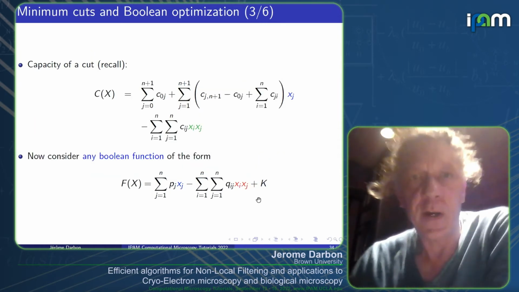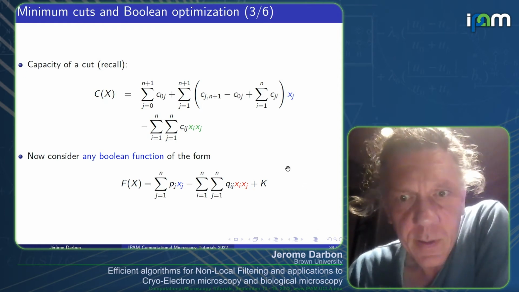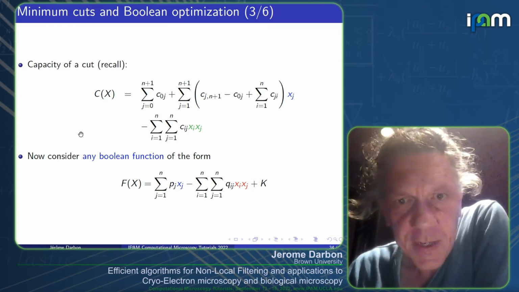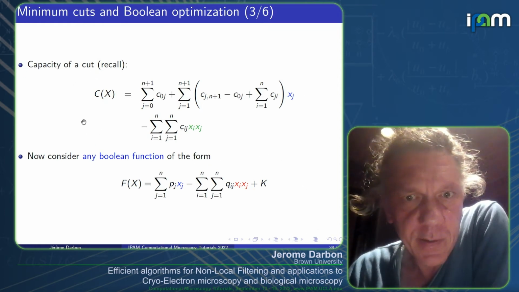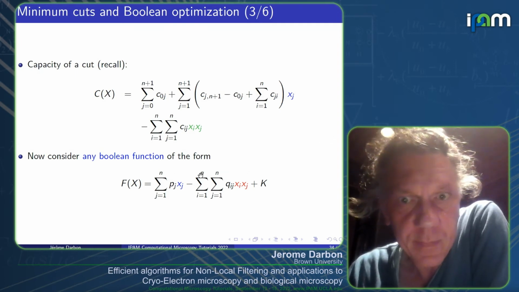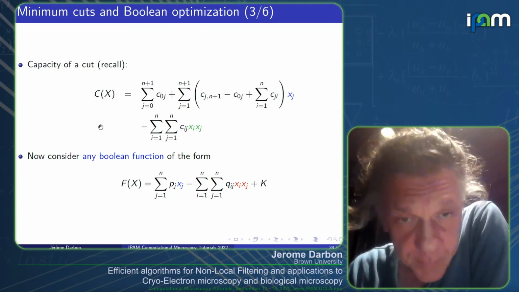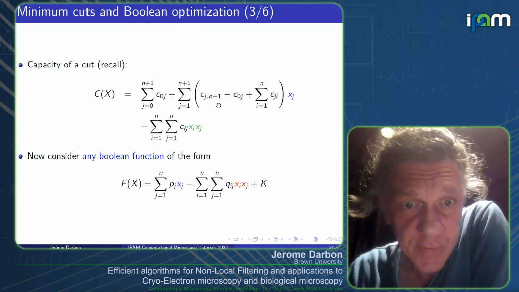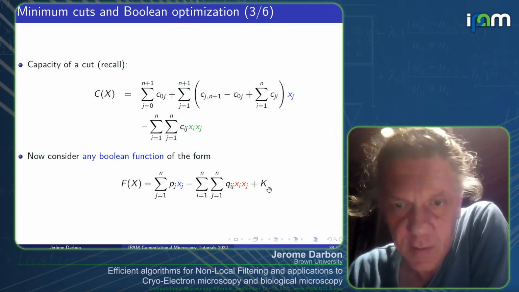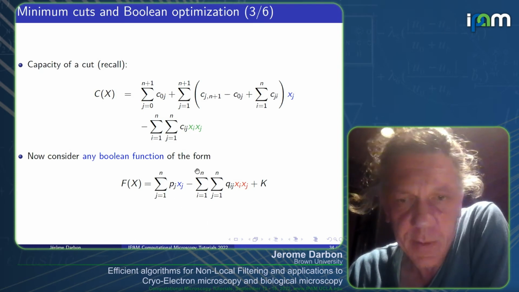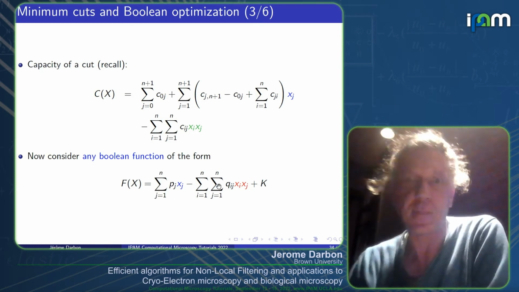And you can go forward even more. Now you say, this is the formula that corresponds to a cut in a graph. And now I ask the question, well, I consider a function f of x, that is a constant plus a linear term plus a quadratic term.